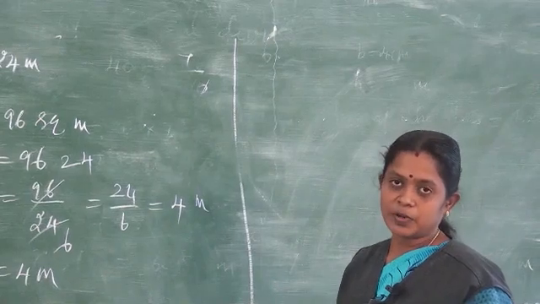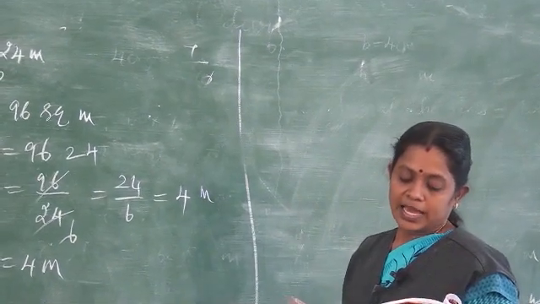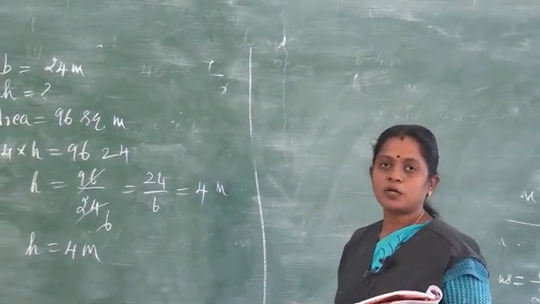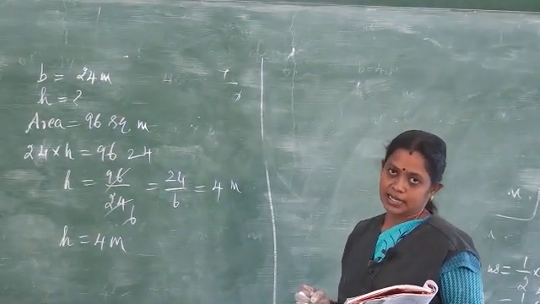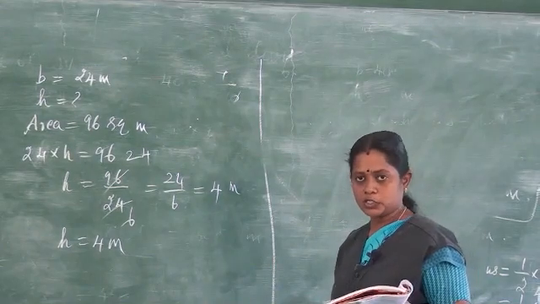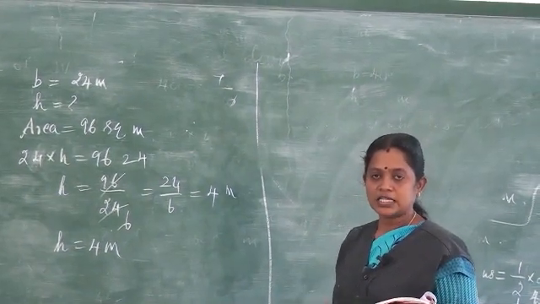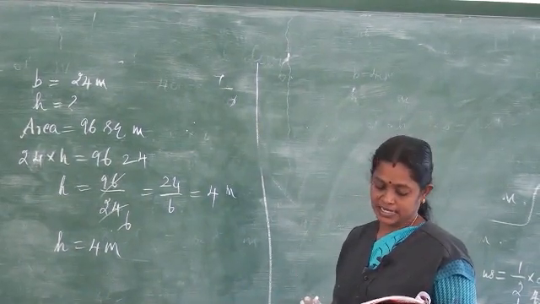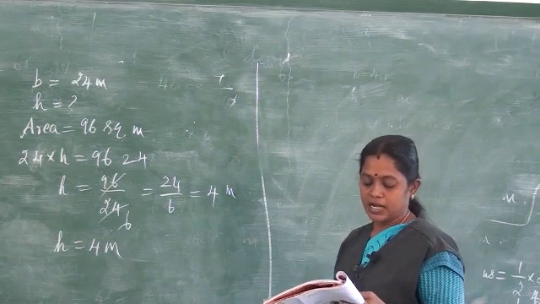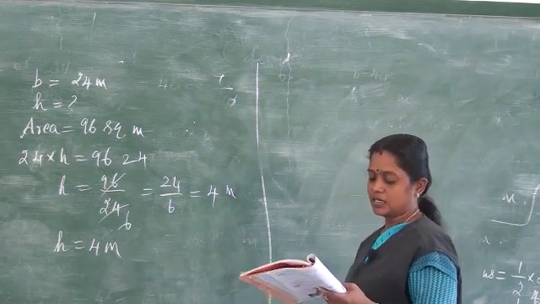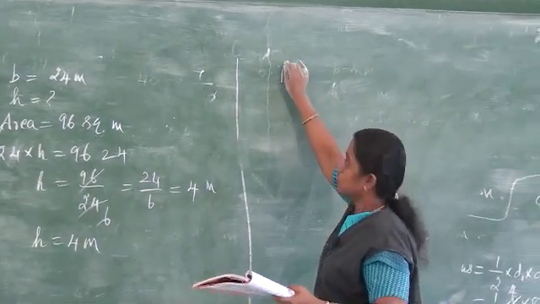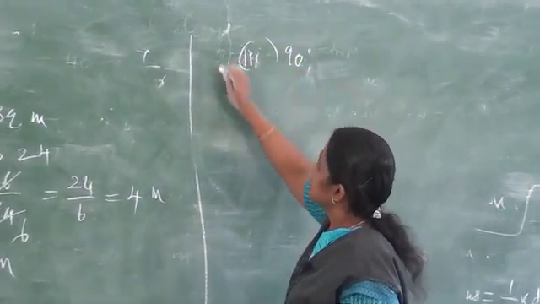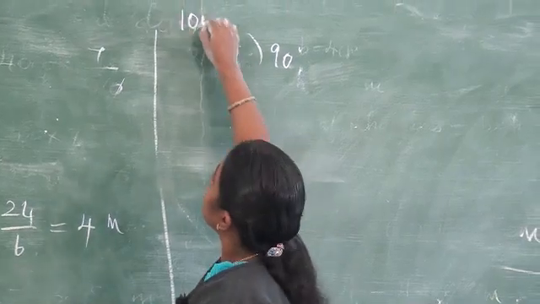And third property, the diagonals divide the rhombus into 4 right angled triangles. And one more property I told, diagonals bisect each other at right angles. So the 10th answer, the angle between the diagonals of the rhombus is 90 degree. The option is the third option. Answer is 90 degree for your 10th question.